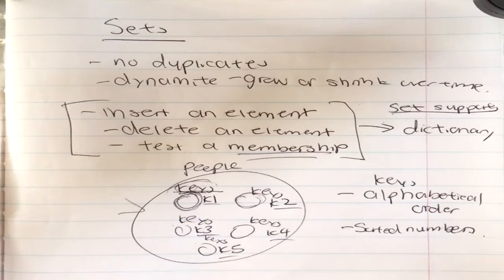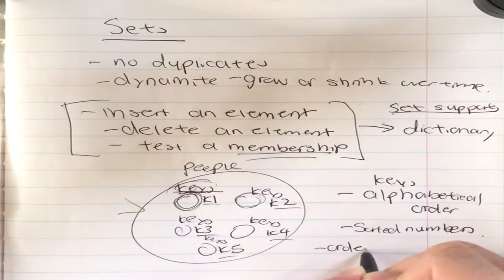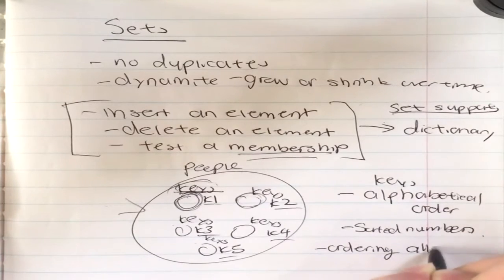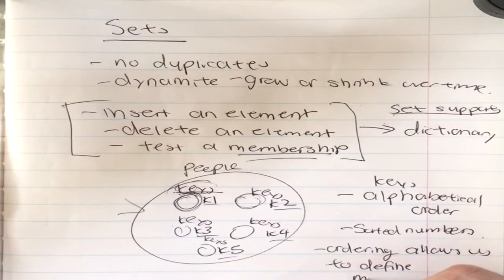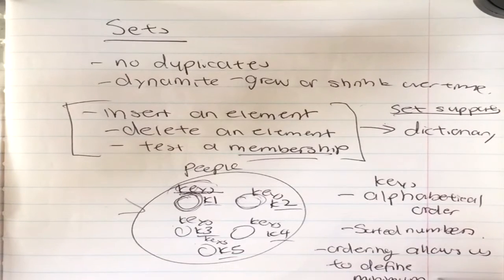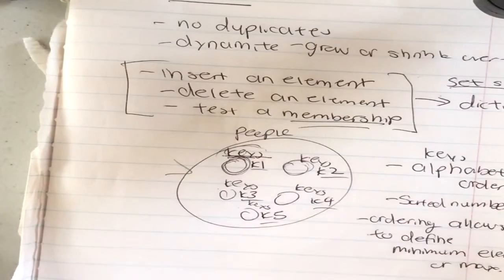Ordering allows us to define the minimum element or the maximum element of a set. If I have a certain ordering of the keys, I can tell which is the minimum element or the maximum element. That's just how it works.